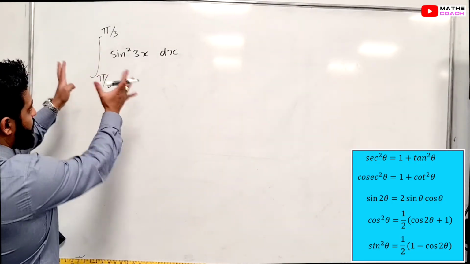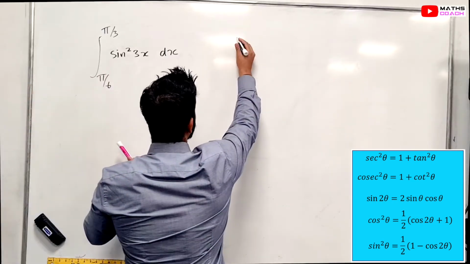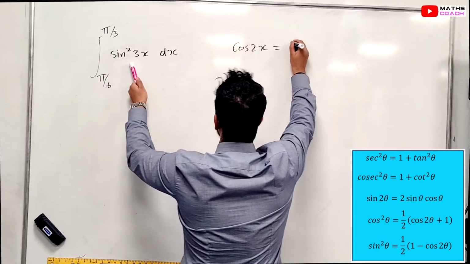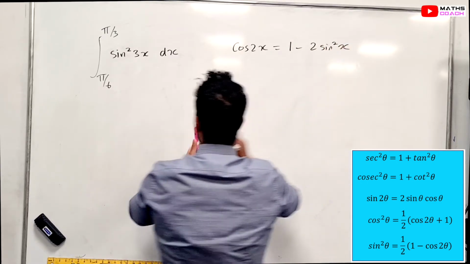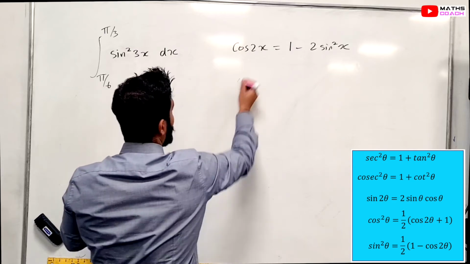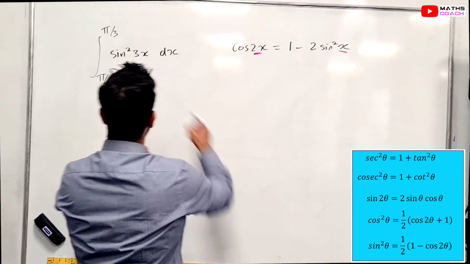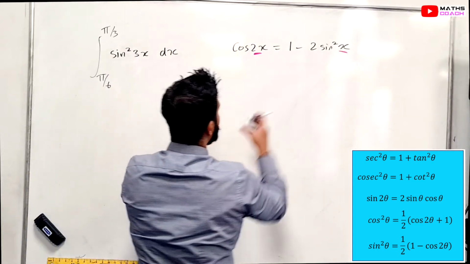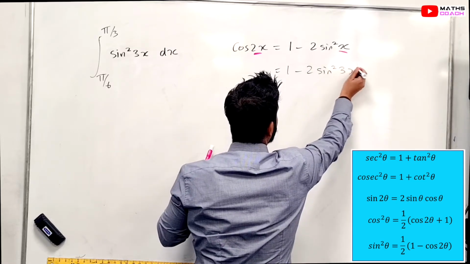So we're building up towards questions like this. What's this linked to? It's linked to cos 2x. And what is the identity for that? 1 minus 2 sine squared x. However, just like before, the angle here is doubled, right? We are dealing with 3x. So therefore, if we are dealing with 3x, we're going to have 1 minus 2 sine squared 3x.